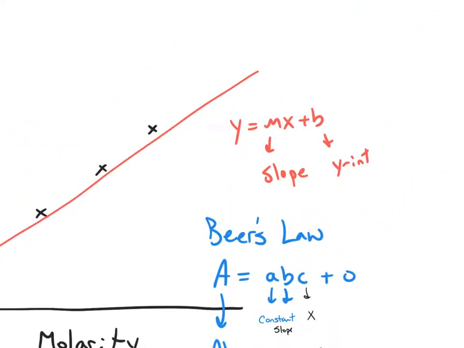Well, when you generate the line y equals mx plus b, you're really generating the A equals abc plus 0. And so for your unknown, you plug in the absorbance for the unknown, and you can then calculate the concentration of the unknown. Because Beer's law says that the slope of the line is equal to a times b, which is constant, and that then A and c are proportional.